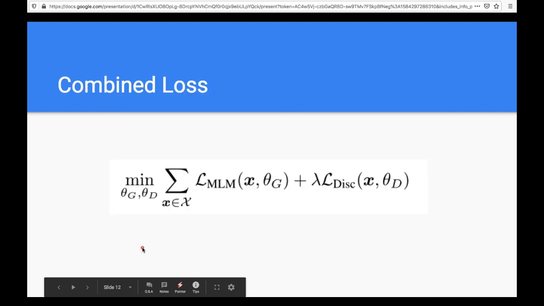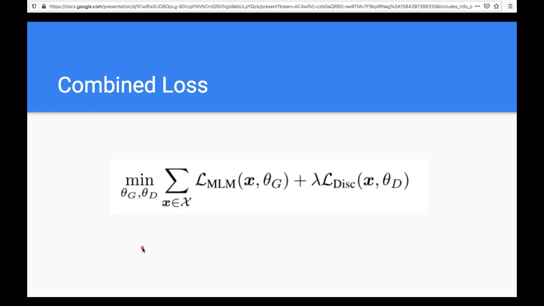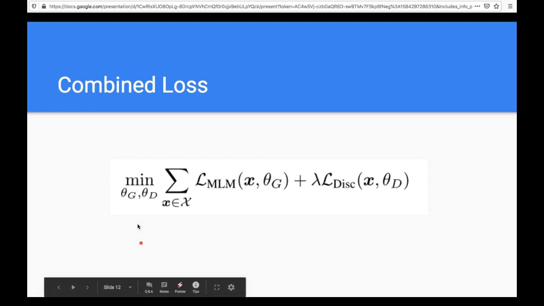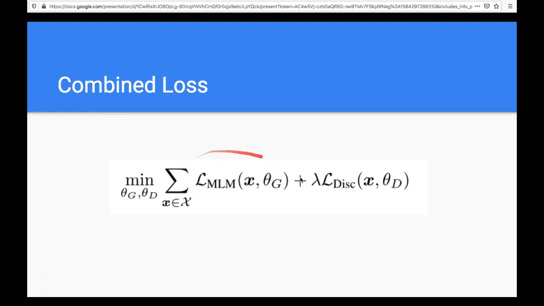If we combine these losses, you will see the combined loss function like this one. This is your masked language model generator, and this is your discriminator. And you can use lambda to adjust the relation between these two loss functions.